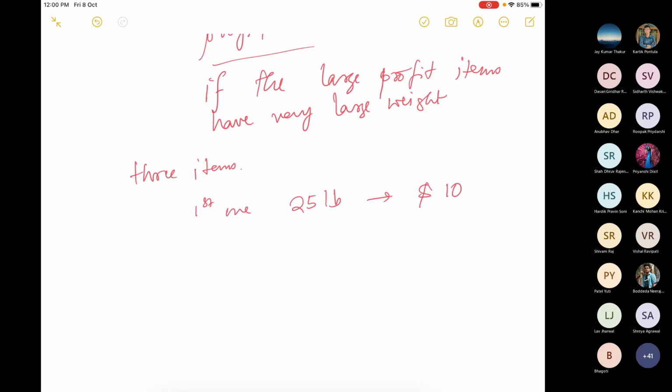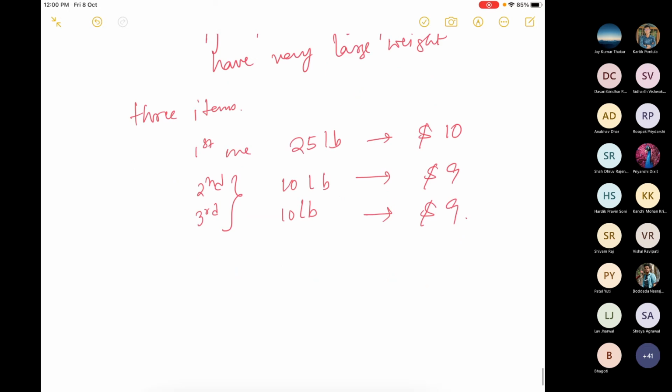And then there are the second and third, both of which are each 10 pounds, and their profits are $9 each. And your knapsack can hold a maximum of W, which is 30 pounds here.